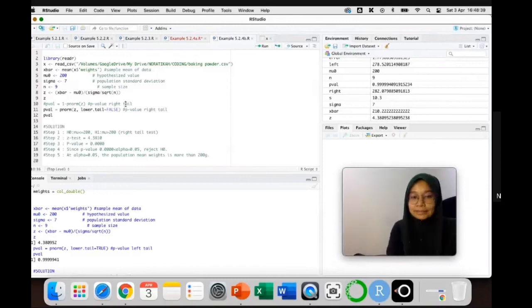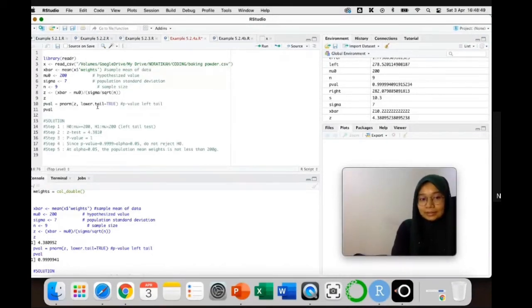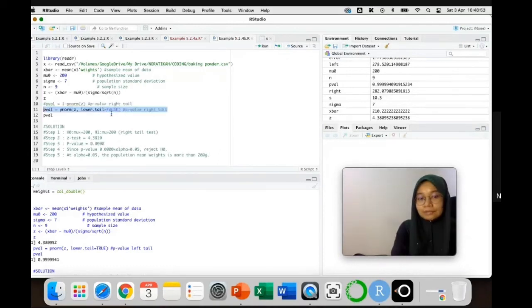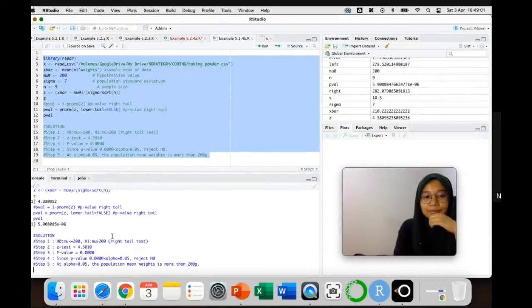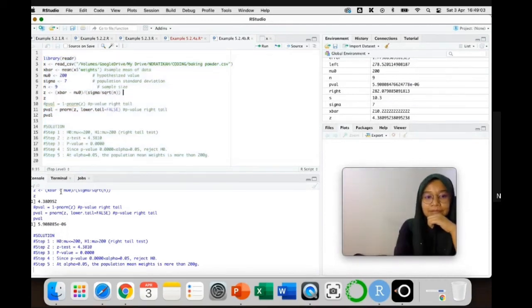Okay, dia sama je macam A tadi, tapi yang berubahnya dekat sini. Nampak tak dia tulis? Lower tail false. Kalau A tadi, lower tail true. So now lower tail false. So just run this one, you will get the p-value. So p-value is 5.908085 E negative 06.